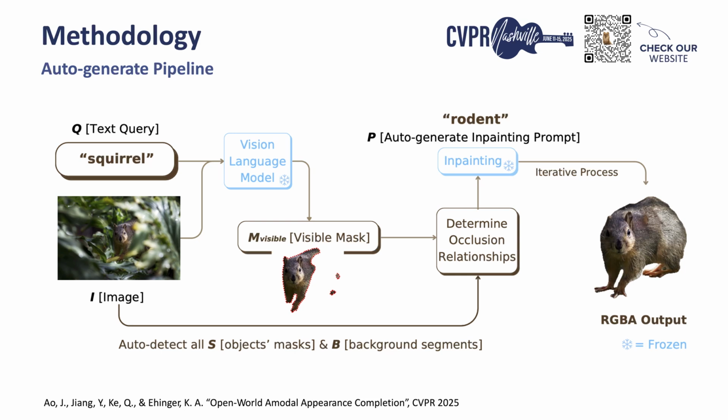Once we establish occlusion relationships and refine the prompt, we pass both the visible parts and the inferred invisible regions to an inpainting model. The model then iteratively reconstructs the occluded parts, progressively refining the object's shape and appearance. The final output is a transparent RGBA representation, where both visible and previously occluded regions are now reconstructed.